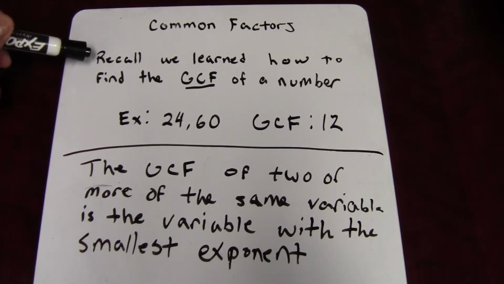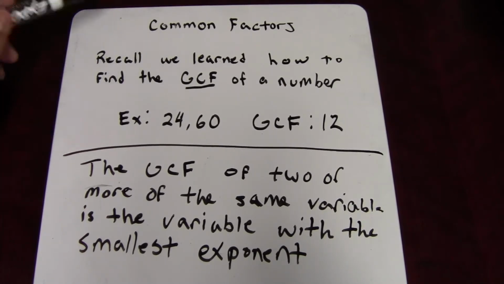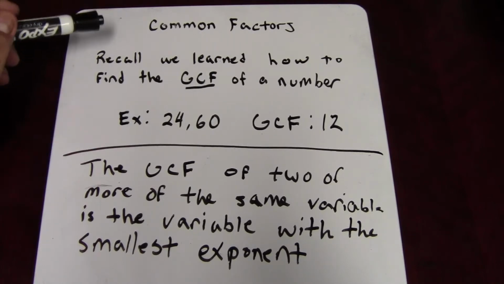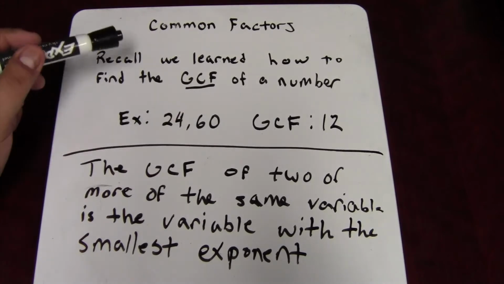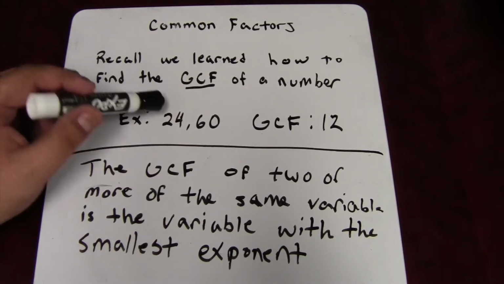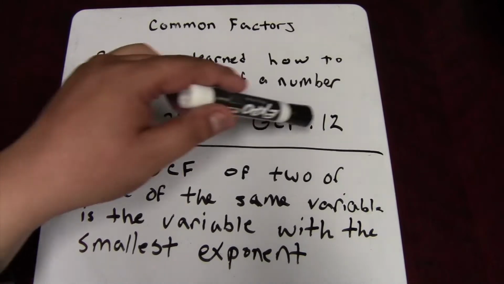So let's recall here that we previously have learned how to find a greatest common factor, which is GCF here, of a number. An example is if we had two numbers here, 24 and 60. The largest number that divides both of these is 12.